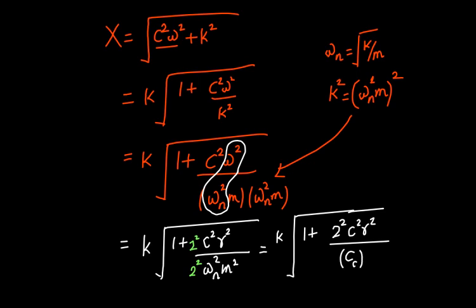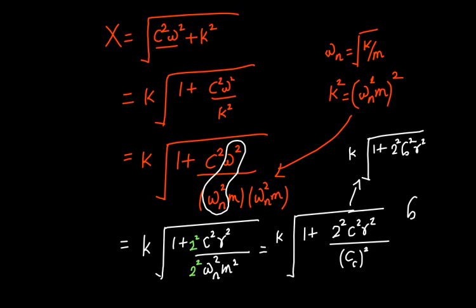That's right. And what do you call c by cc? c by cc is the damping coefficient, zeta. So this can be further written as k into root over 1 plus 2 squared into zeta squared, because zeta is c by cc, so c by cc the whole square is zeta squared, into r squared.